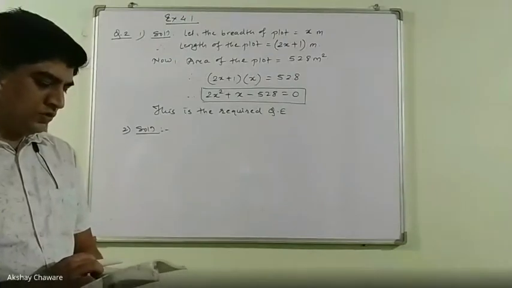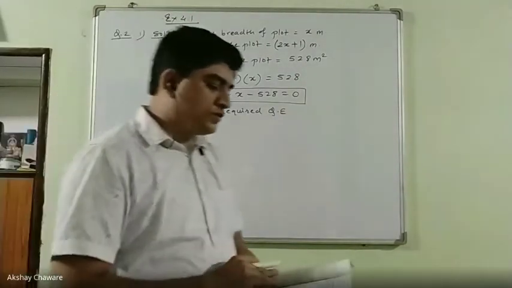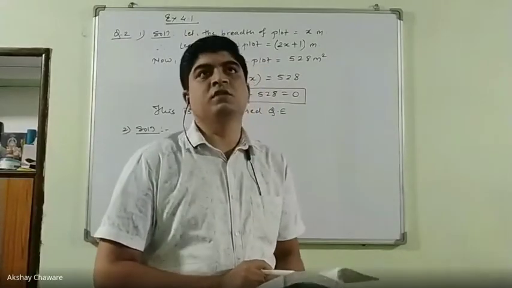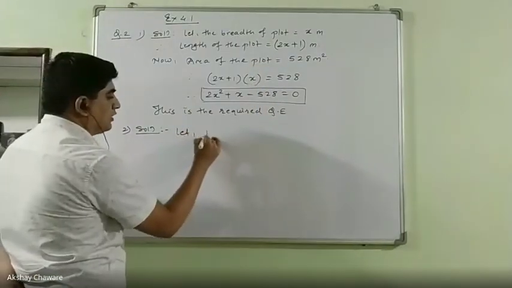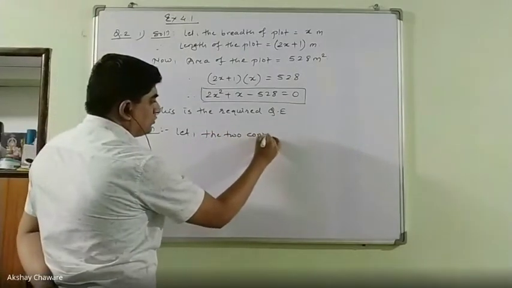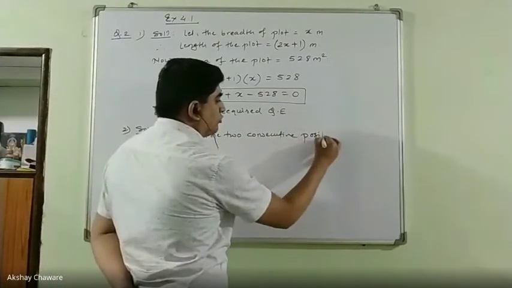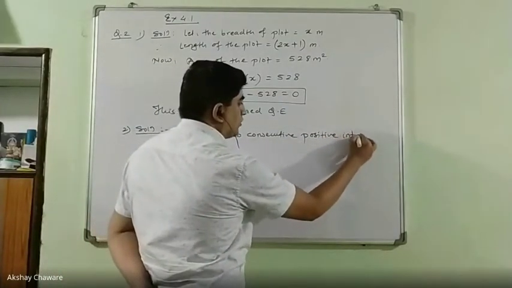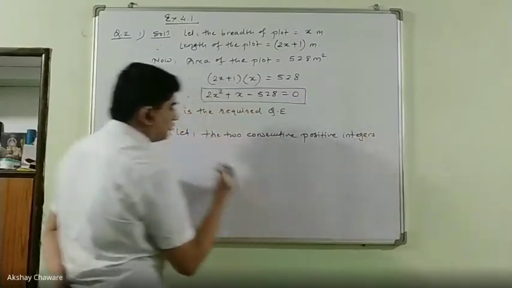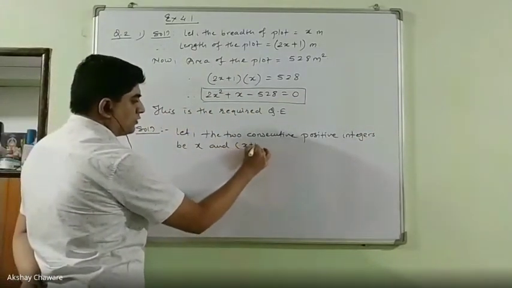See the next question. You can solve this question. The product of two consecutive positive integers is 306. Now we will write like this. Let the two consecutive positive integers be x and x plus 1.